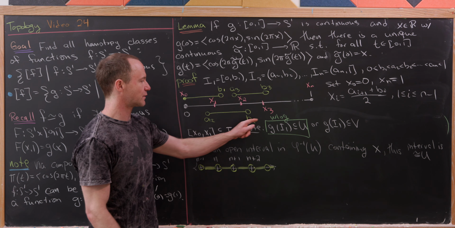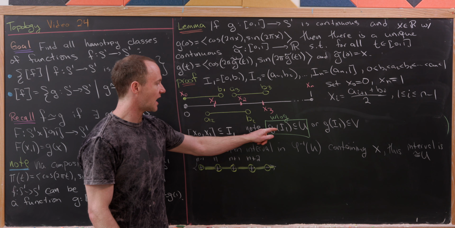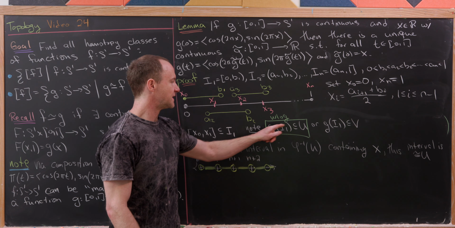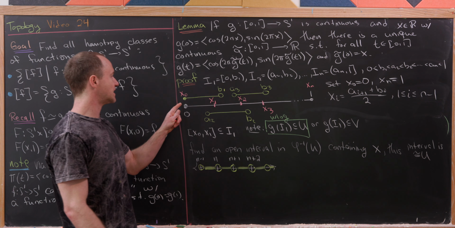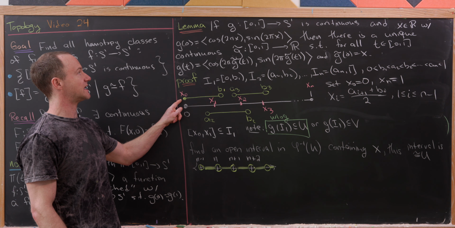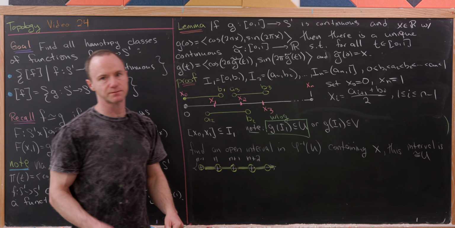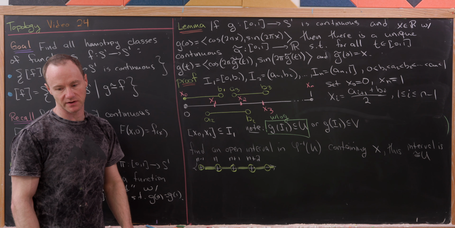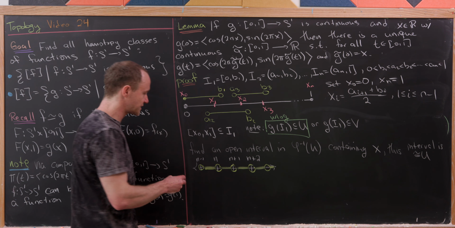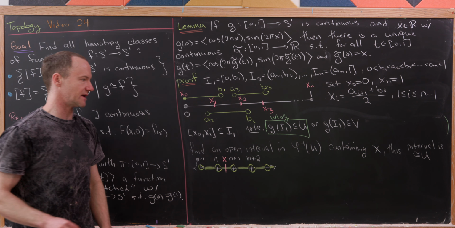Well, that's because, without loss of generality, we are assuming that g of I1 is contained inside of U, but that includes g of 0 right here. But recall that g of 0 corresponded to this point on the circle where the coordinate was built out of this x right here. So in particular, we've got this x, which might live right here.